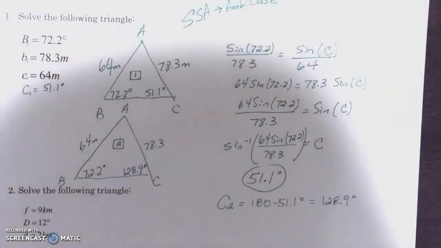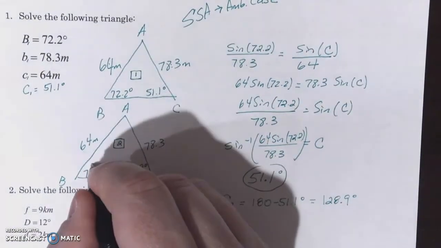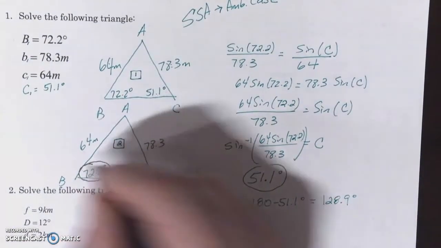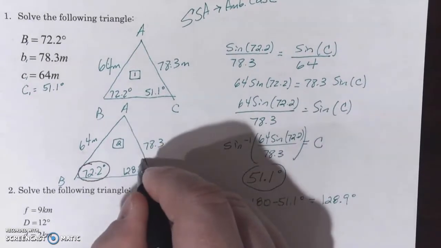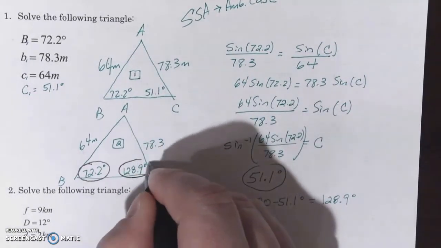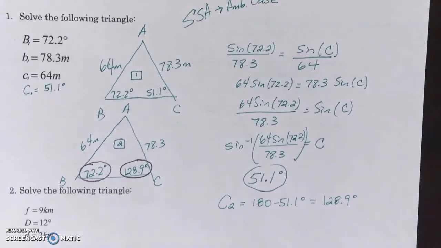This is our test to see if there is a second possible triangle, and here is what we're looking for. Does the given angle, the one we were given at the start of the problem, plus our calculated second possibility for angle C, add up to 180 degrees or greater? Because if that's the case, that's impossible.